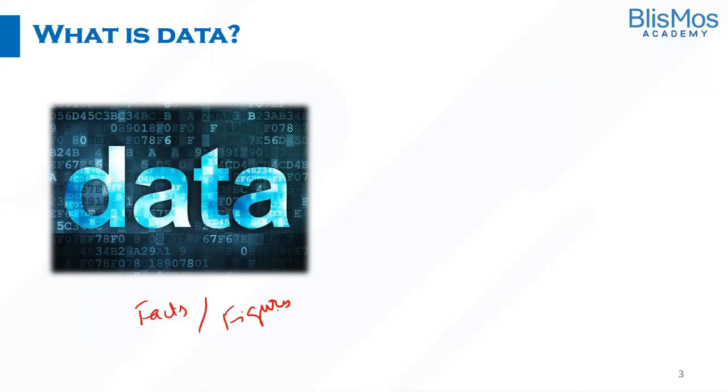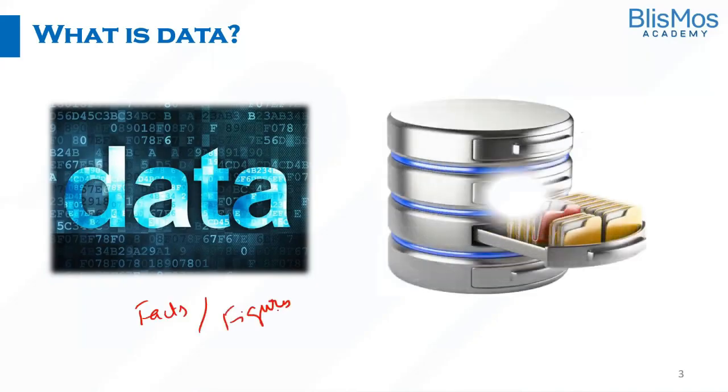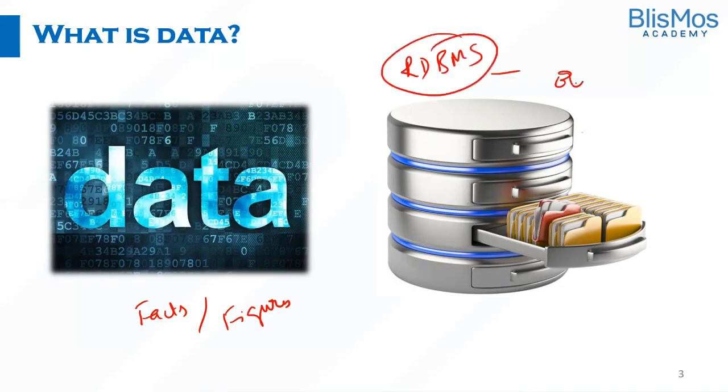We have seen we do have multiple RDBMS systems which are very much used to store the data, like Oracle, MySQL, PostgreSQL, multiple RDBMS systems are there. And as a part of our previous video, we understood that the same systems will not be able to store the large amount of data to take strategic decisions.